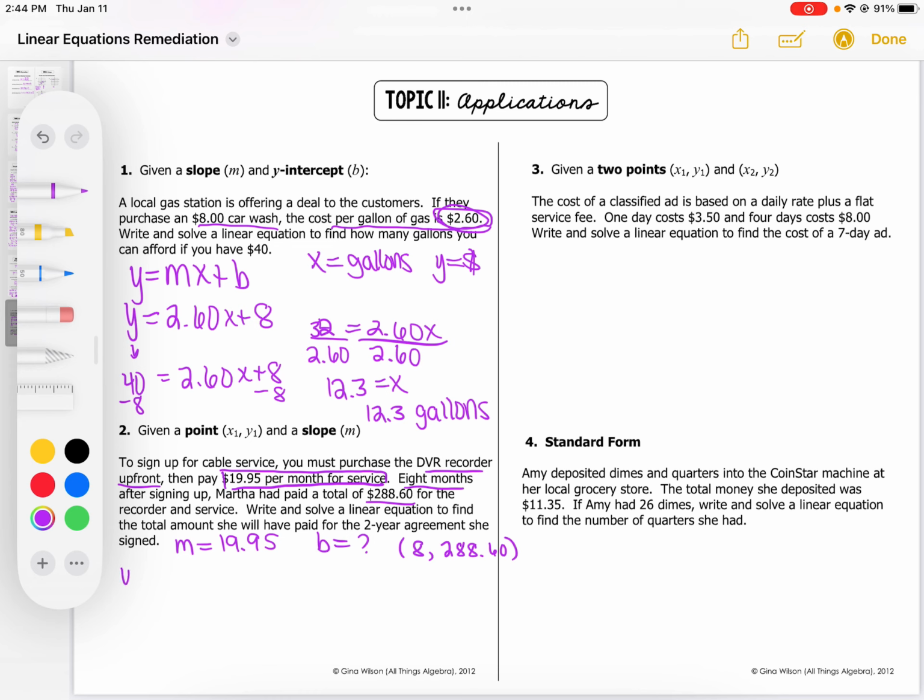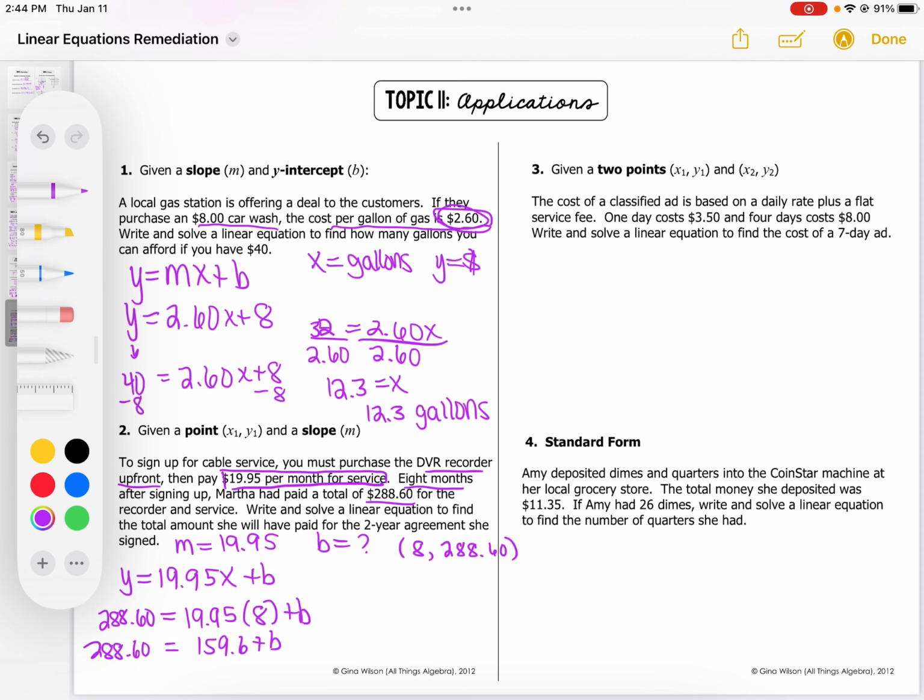So what I'm going to do is create my equation. Y equals 19.95x plus B. I don't know what B is, but let's find it. We can find it by replacing 288.60 in for Y and 8 in for X, and then solve this for B. So 19.95 times 8 is 159.6.